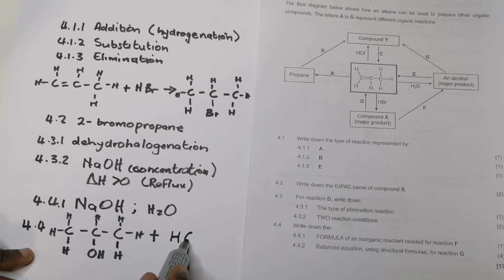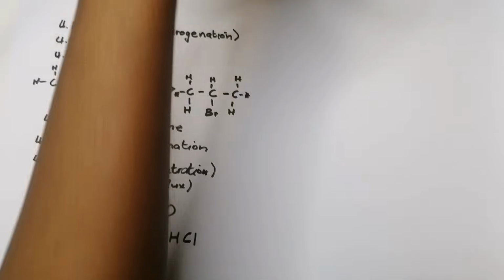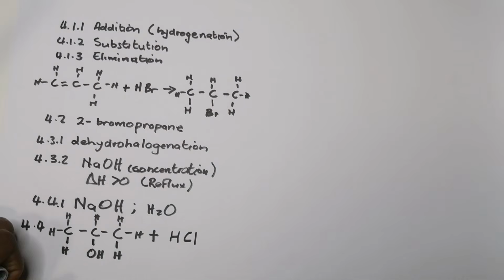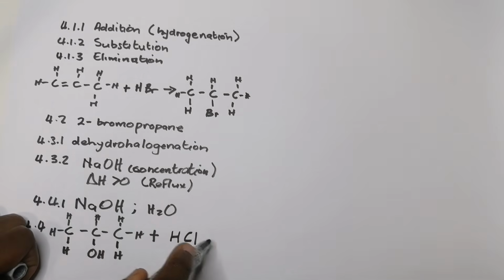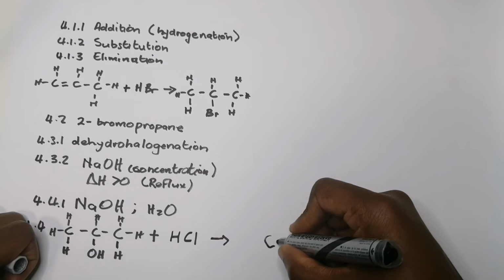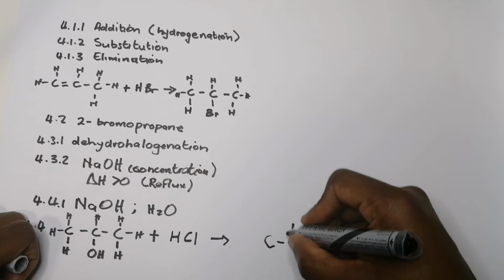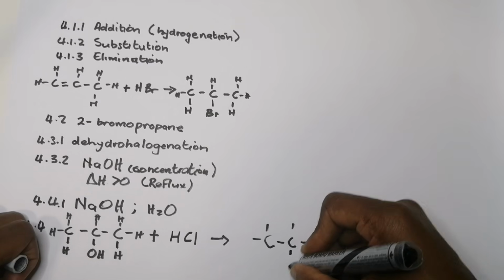I would need to react it with hydrogen chloride. So we take hydrogen chloride there, and on the other side I'm going to replace the hydroxide ion with the chloride ion. Remember, they said I must do this in structural formulae.